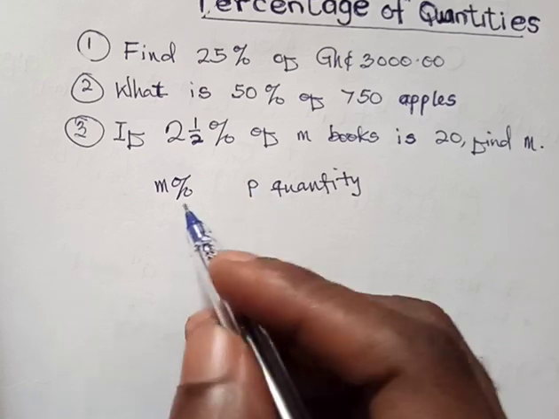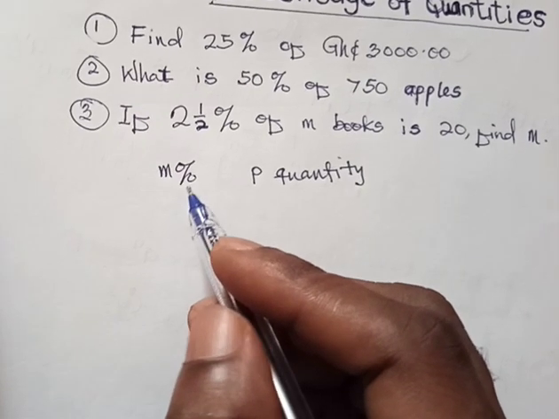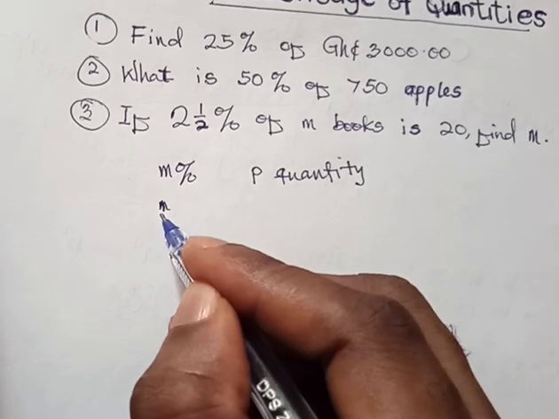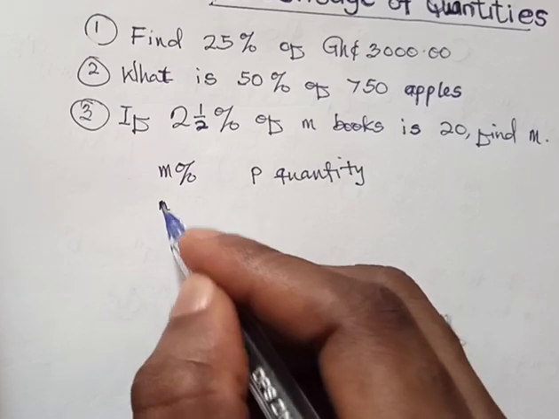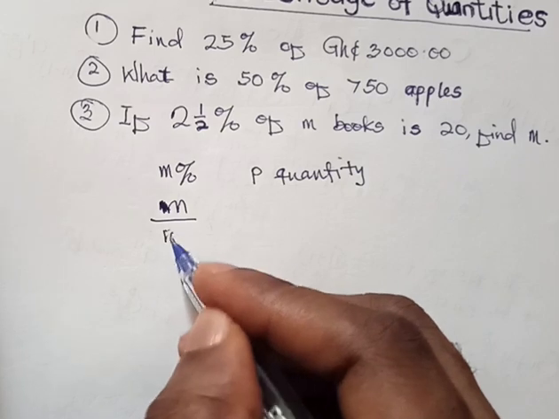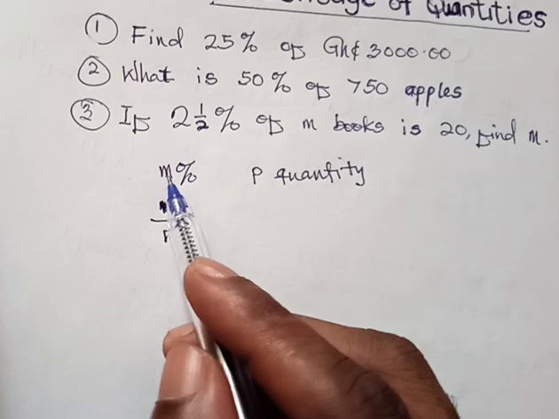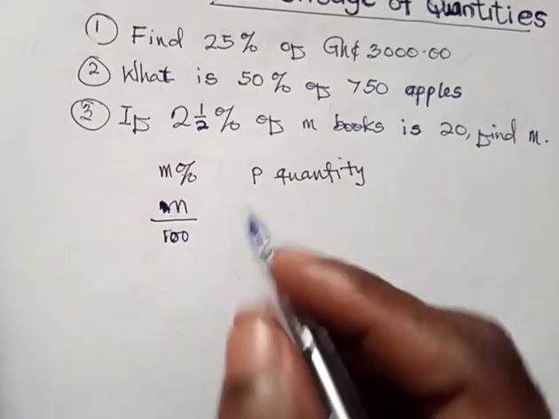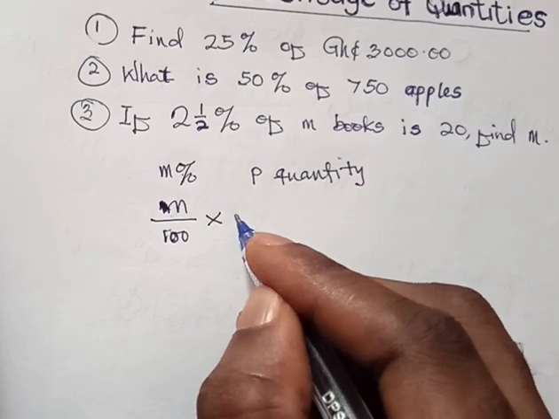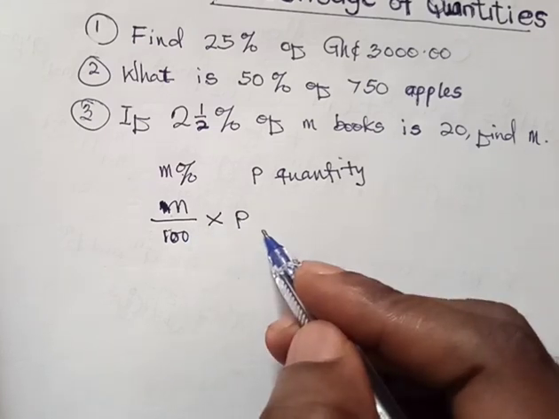So you just express the M percent as fraction. And remember in our previous lesson, it can also be expressed as this. Then you just multiply by the quantity given to you. What is the quantity? That is P. Whatever you get will give you your answer.